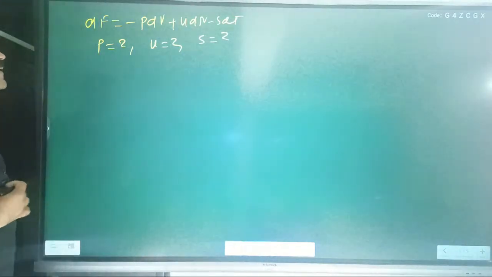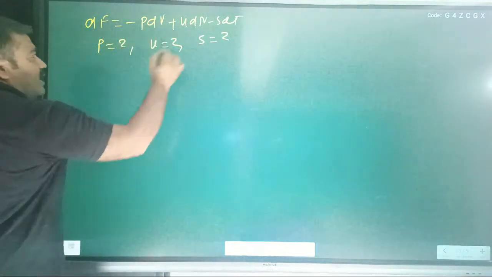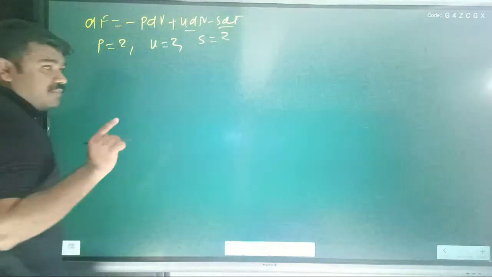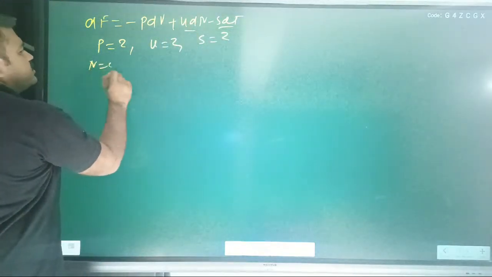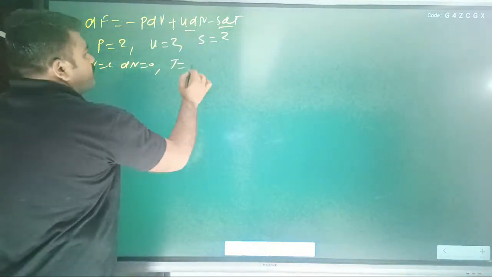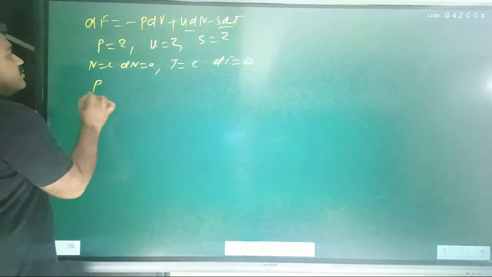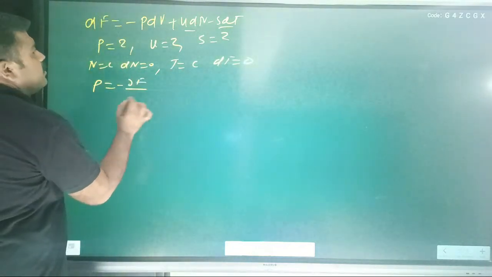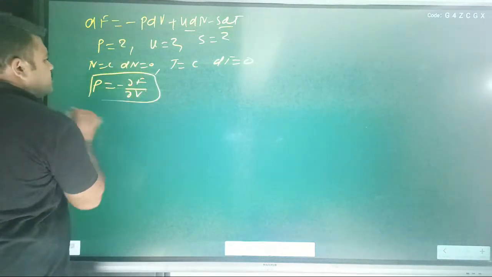Now see, what did we need to find out first? We can find out the pressure. At that time we need to take these two quantities as 0. So how? We take N constant, then dN gets 0. Second, T is constant, then dT gets 0. Clear? Means pressure is equal to minus dF upon dV.